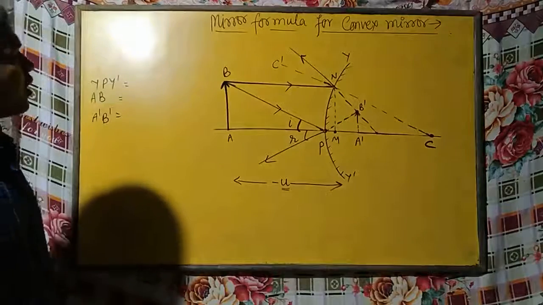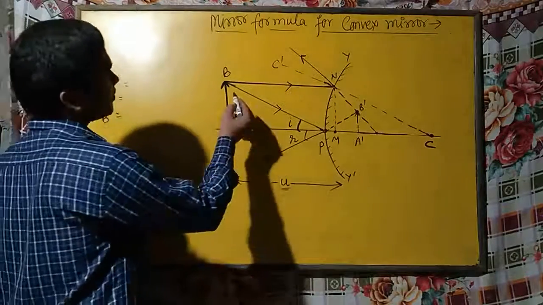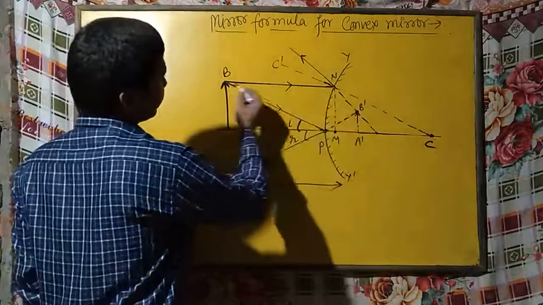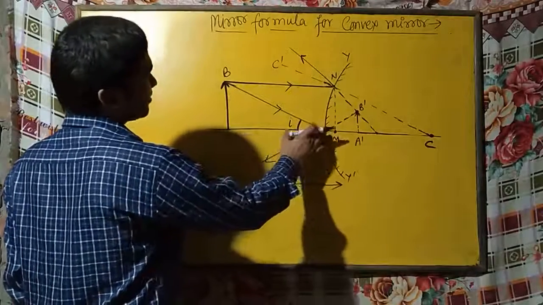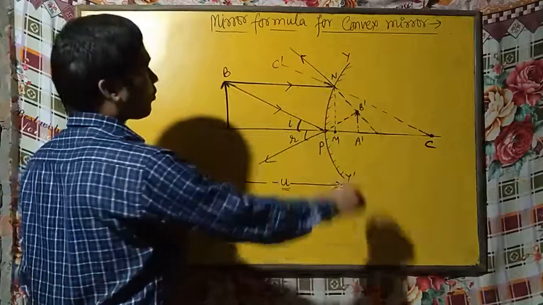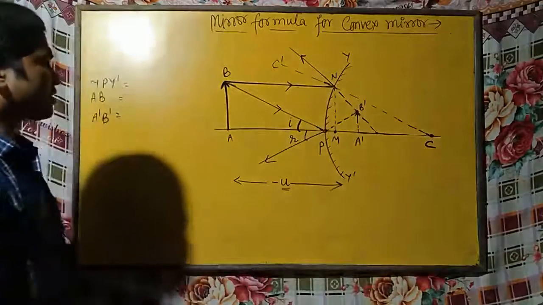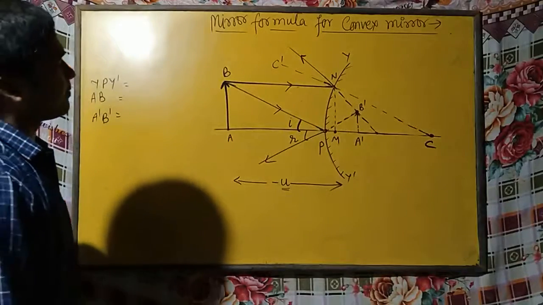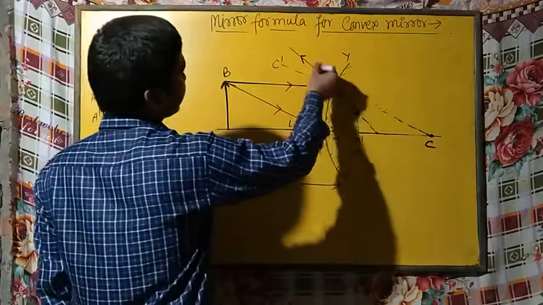Okay. So you can see one of the rays, that is BN, travels parallel to the principal axis and is reflected at point N from the reflecting surface YPY'. The reflected ray then travels in this direction.